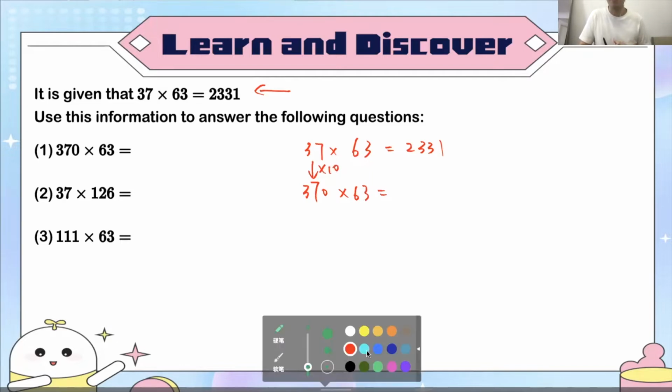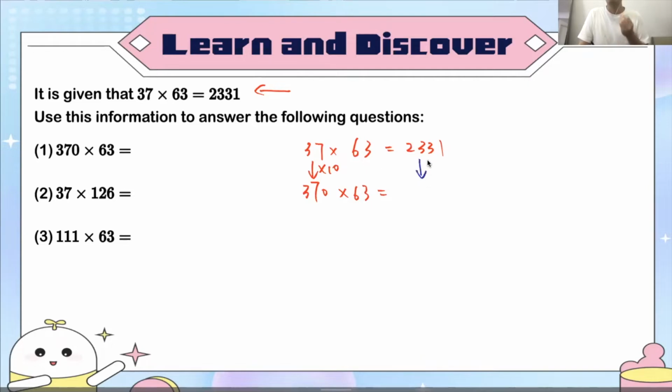I will use another color to show what changed on this product. We times 10 on one multiplier and keep the other multiplier the same. How does the product change? We just need to times 10 on this product to have the answer, 23,310. Great.